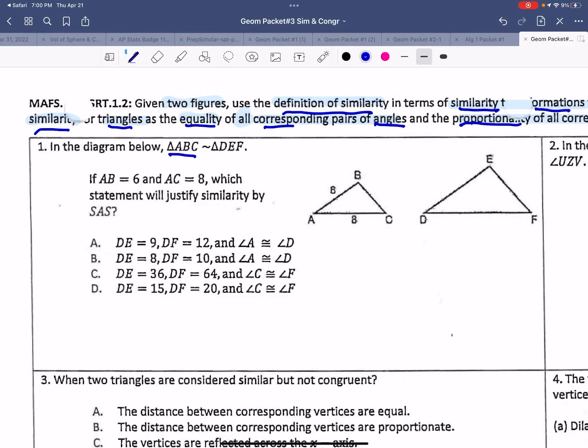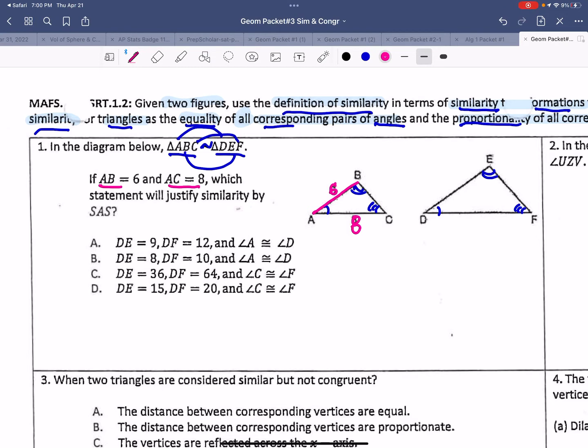Question 1, ABC is similar to, meaning these two angles are equal. Bingo, bango. Those two angles. And these two angles. Got it? Okay, AB is 6, all right, and AC is 8.